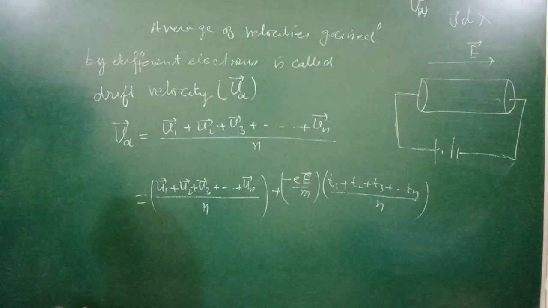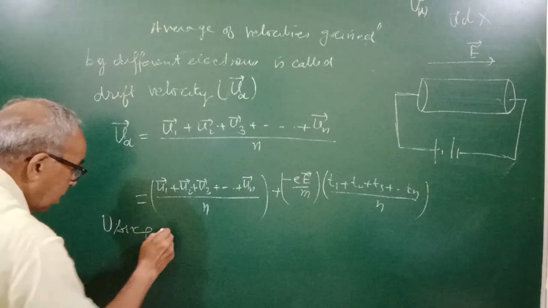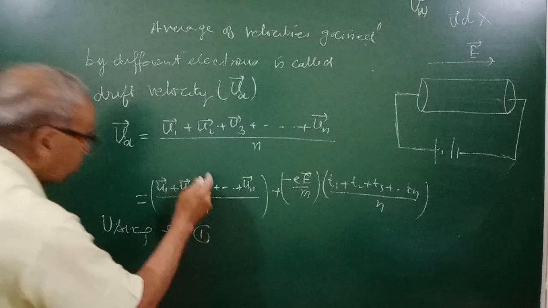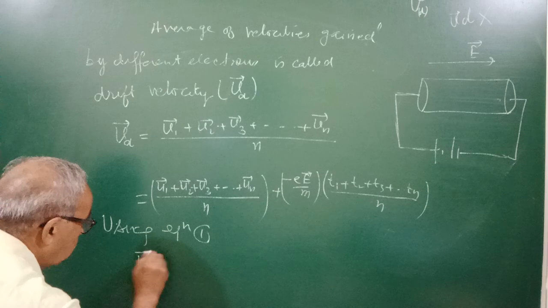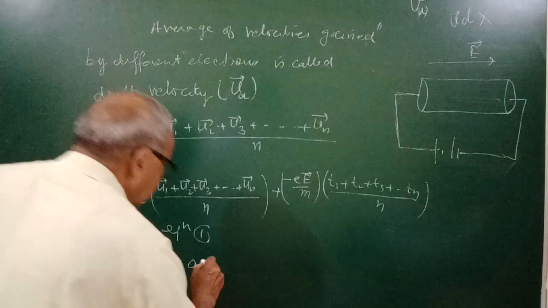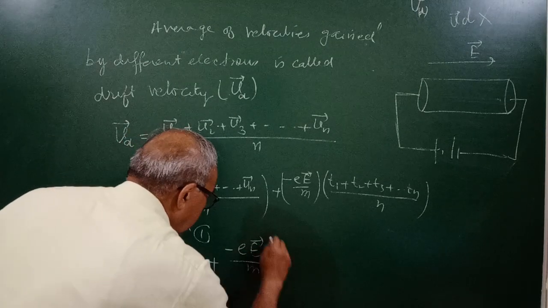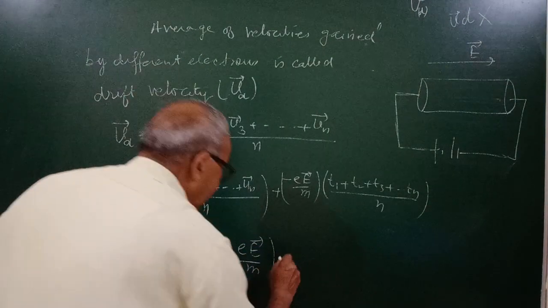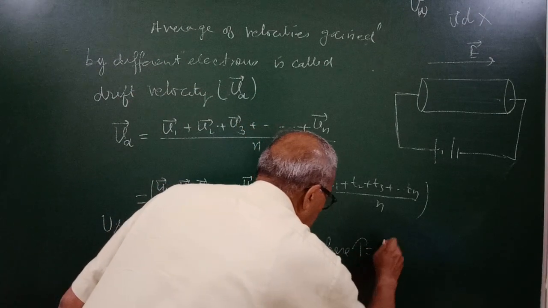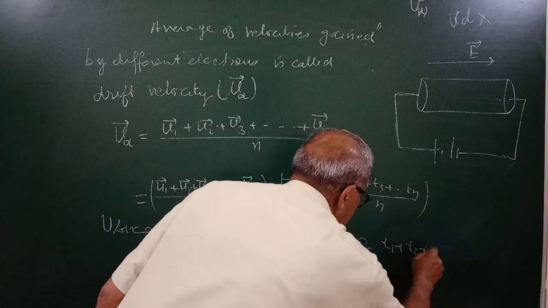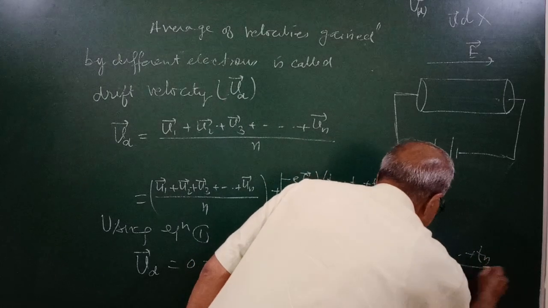Now from equation 1, using equation 1, this average is 0, so vd is equal to 0 plus minus e into E upon m into tau, where tau is equal to t1 plus t2 plus t3, so on up to plus tn upon n.